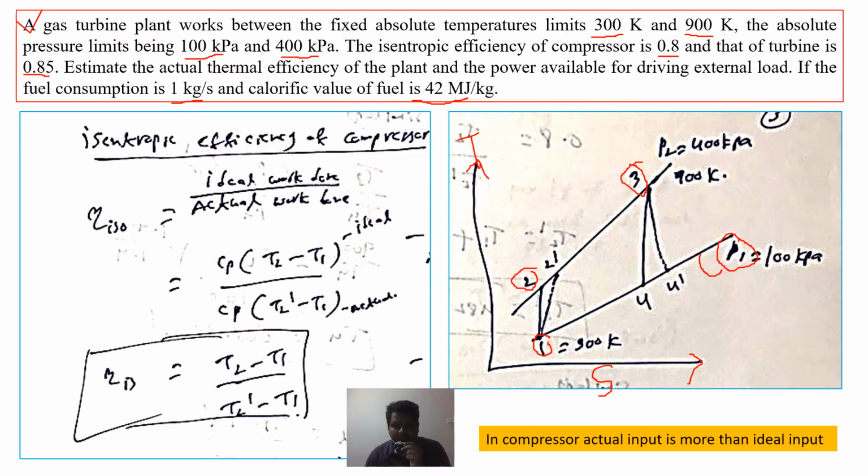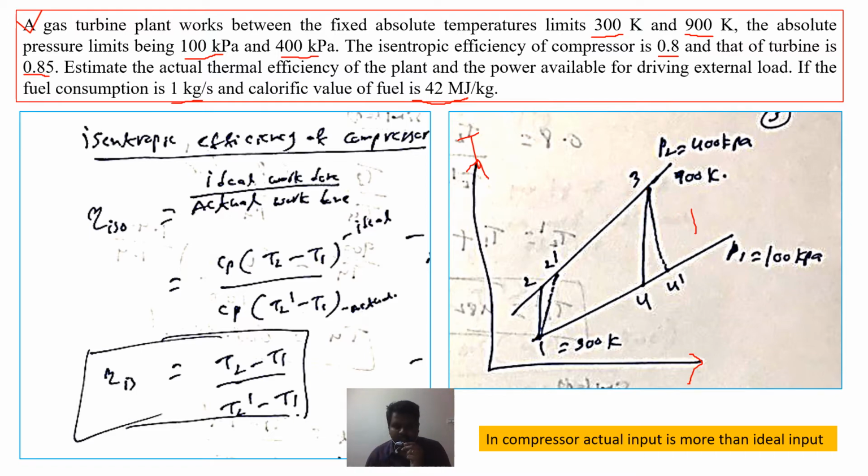Process 3 to 4 is isentropic expansion in the turbine. Process 4 to 1 is cooling process. These things we have discussed in the last class. This is the TS diagram for Brayton cycle.